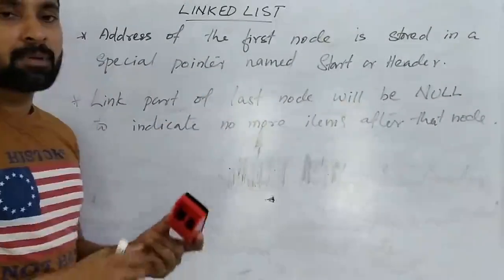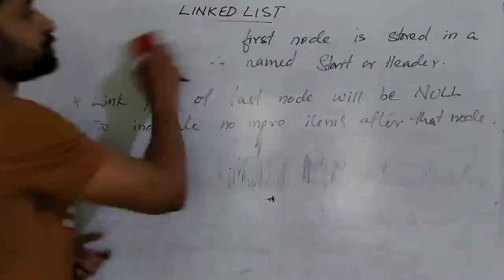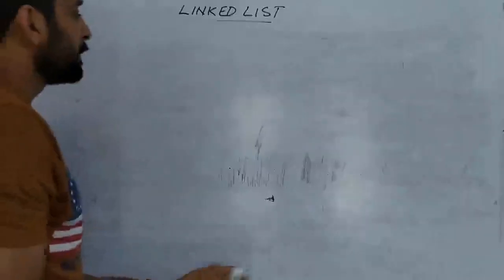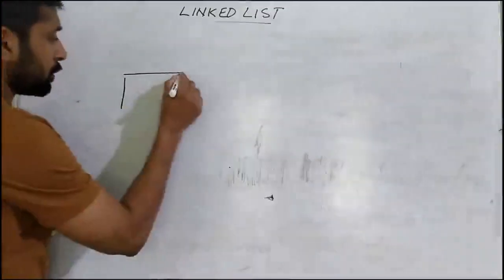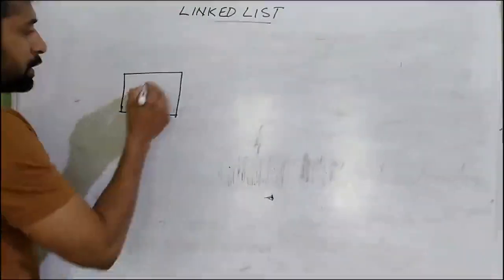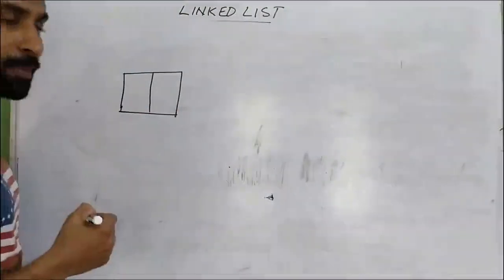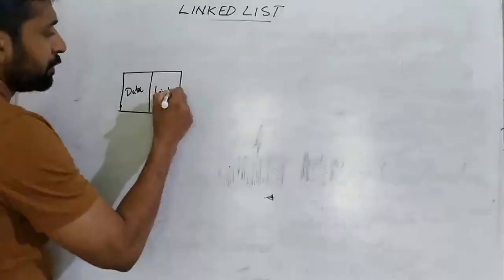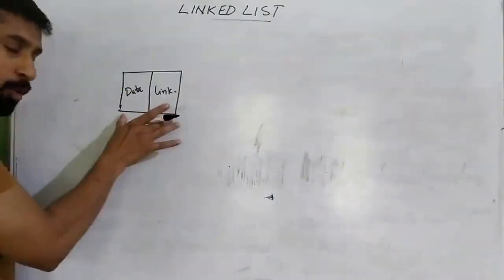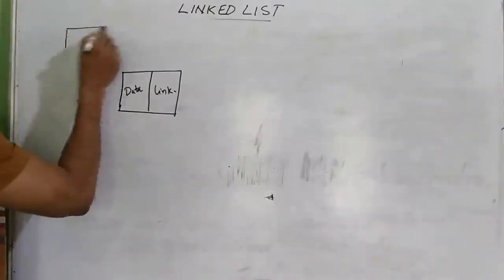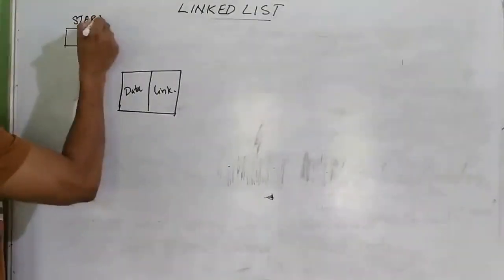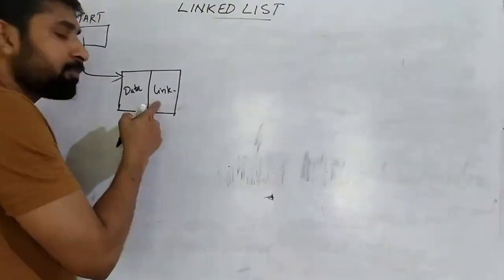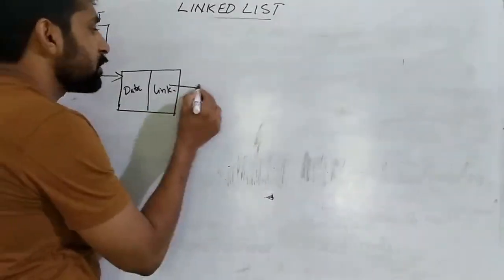This concept is pictorially represented in this way. So a node, as we said, has two parts. Here is the data, here the link. Let this be the first node. The base address of this node is stored in start. So this points to this. And the link part of a node contains the address of the next node.